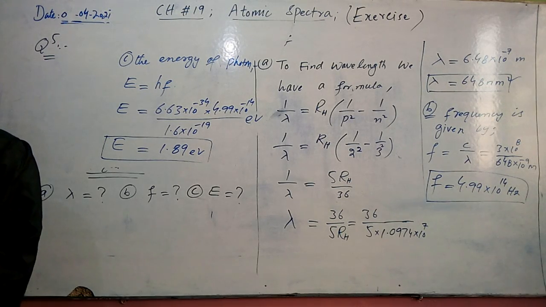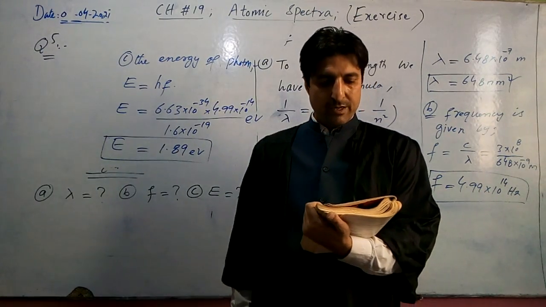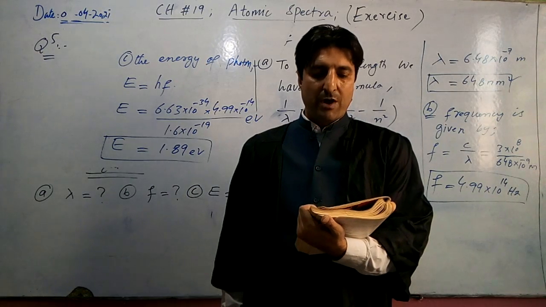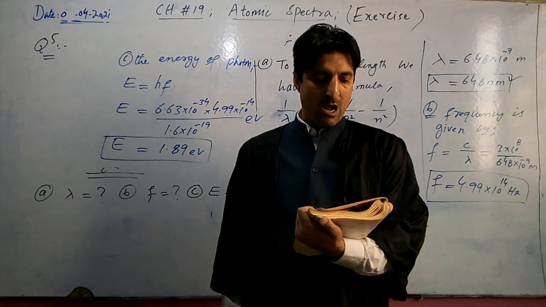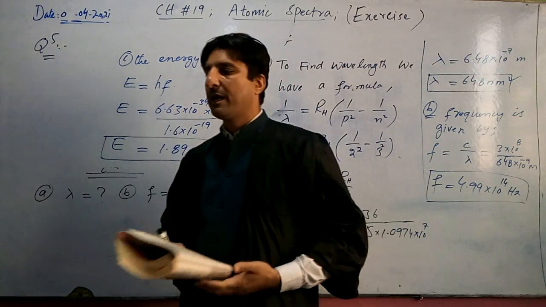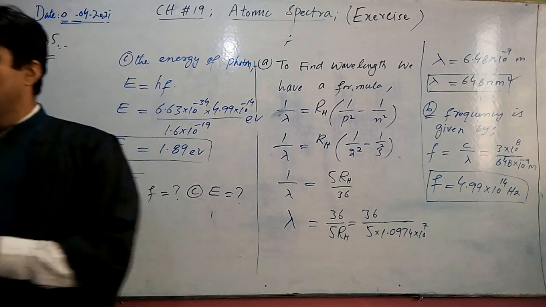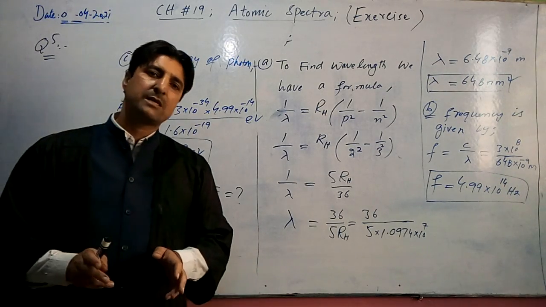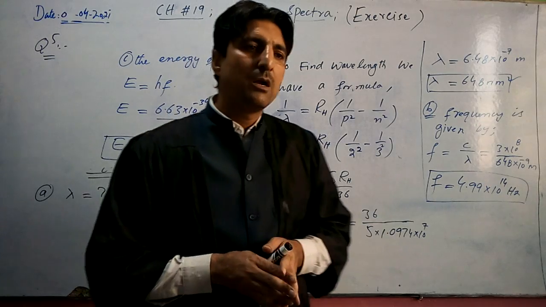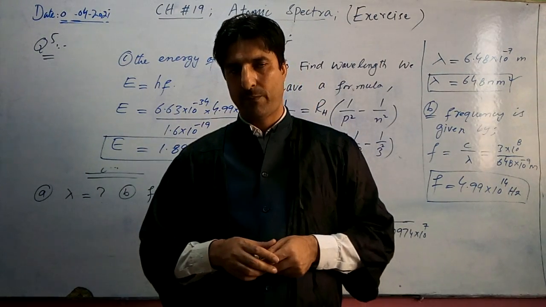Now in question number 6, it is stated that find the longest wavelength of light capable of ionizing a hydrogen atom. How much energy is needed to ionize hydrogen atom? Here in this question we have to calculate two things: the wavelength of light which is capable to ionize or to remove electron from hydrogen atom.